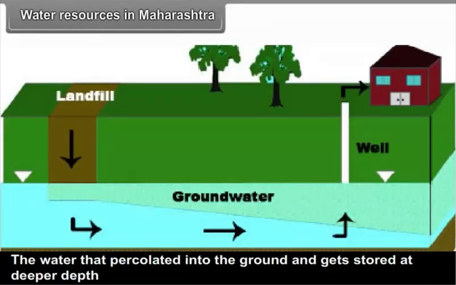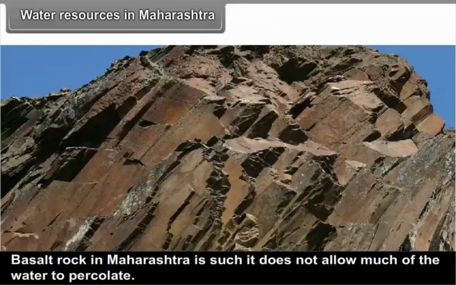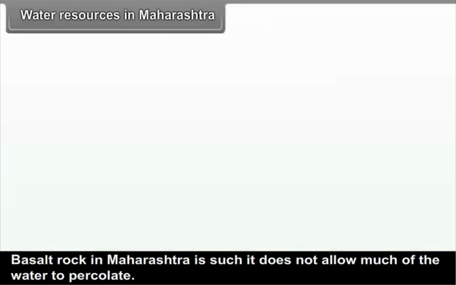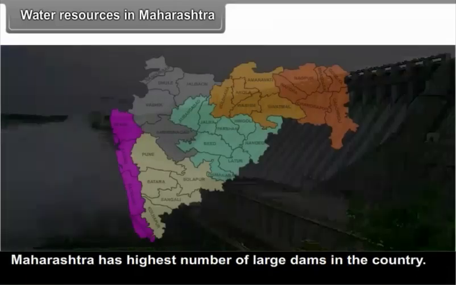The water that percolates into the ground and gets stored at deeper depths in the ground is termed as groundwater. Basalt rock in Maharashtra is such that it does not allow much of the water to percolate. The dams having a height of 10 meters and above are called large dams.